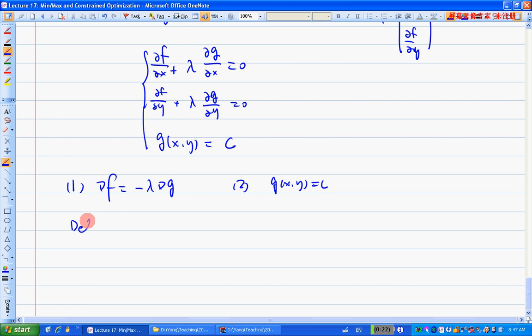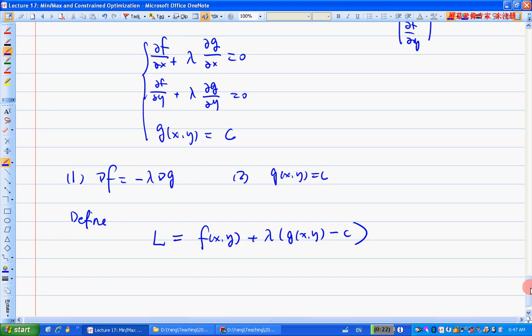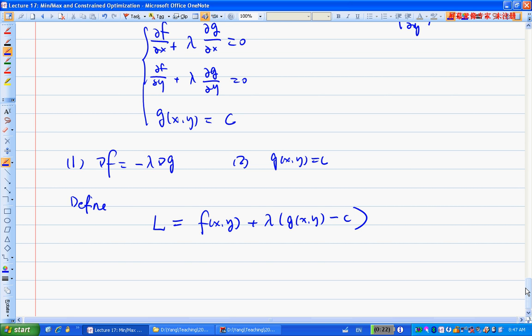Let's define ourselves a new function, L equal to f of xy plus lambda multiplied by g of xy minus c. This function is called the Lagrange function, or simply you can call it Lagrangian.